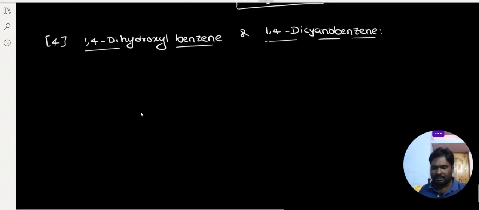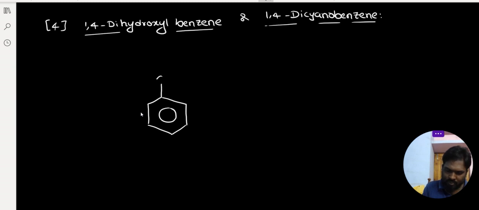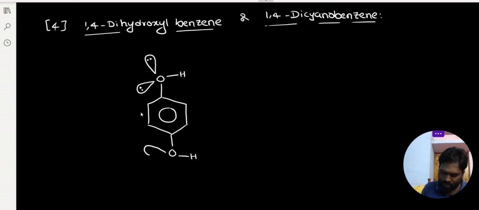Very important application it is. 1,4 dihydroxyl benzene. You know, this is bent shape. Oxygen, two bond pairs, two lone pairs, bent shape.